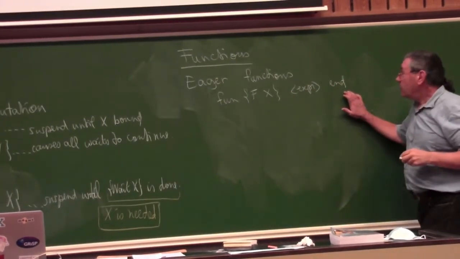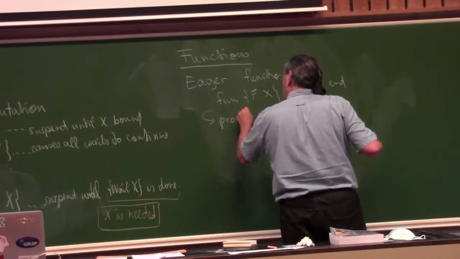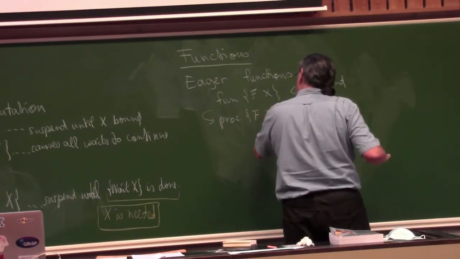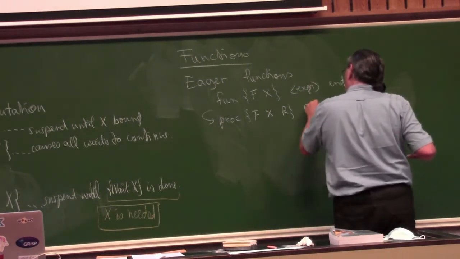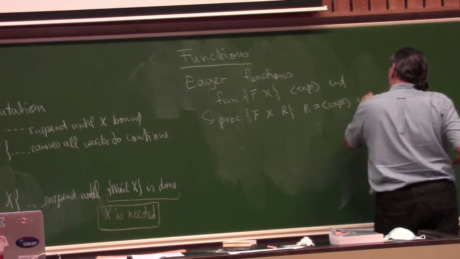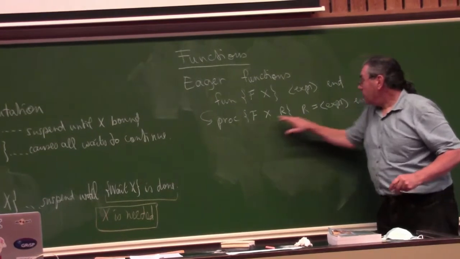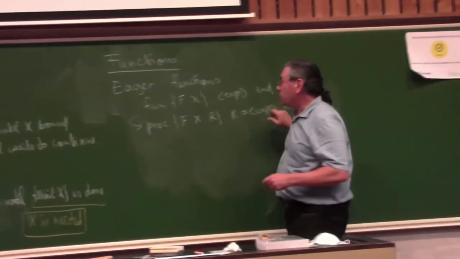And these are translated into a kernel language like this: proc with one extra argument r, and r is equal to expression end. So the expression is also translated into kernel. This is how it's done for regular functions.